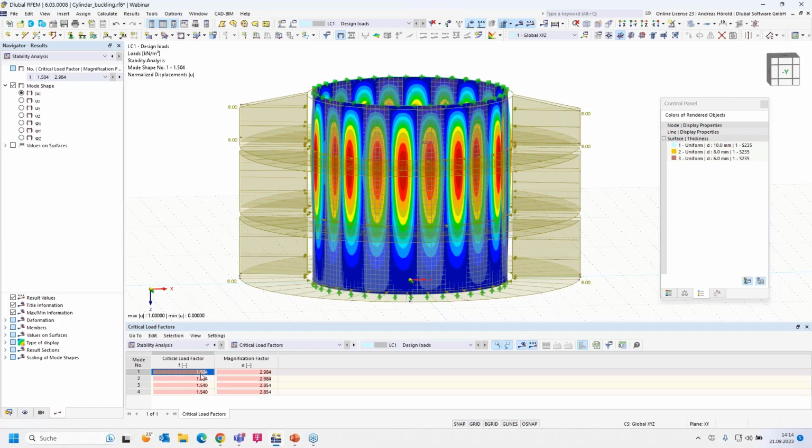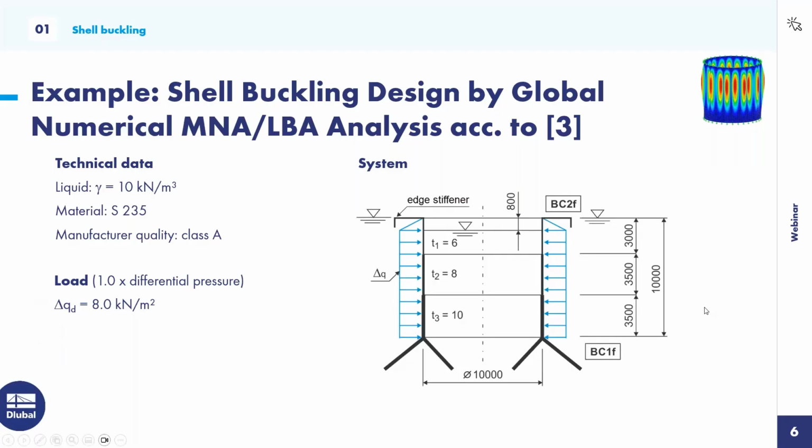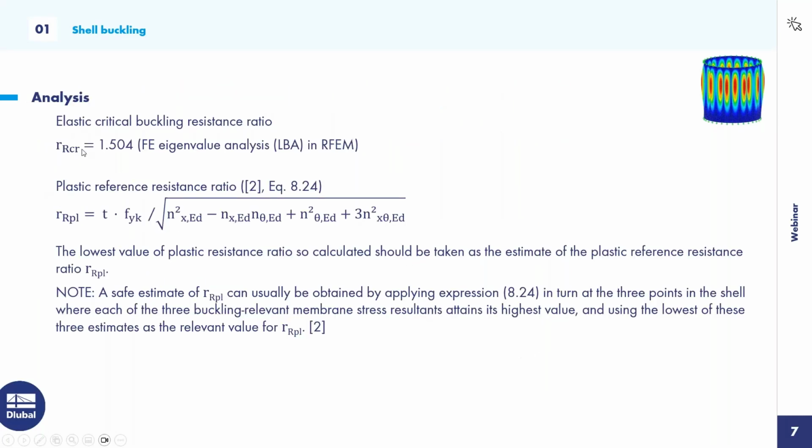And we take over the lowest critical load factor, 1.504 in our example. I turn back to the PowerPoint slide. And that's what we have just calculated: the elastic critical buckling resistance ratio.